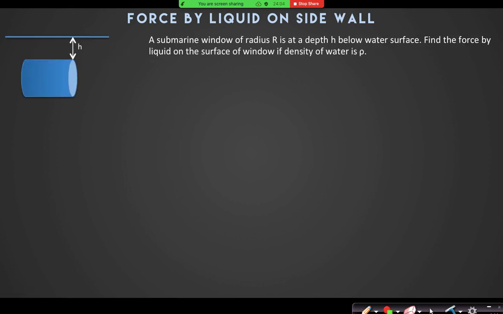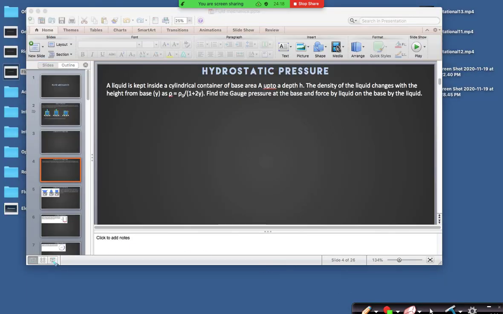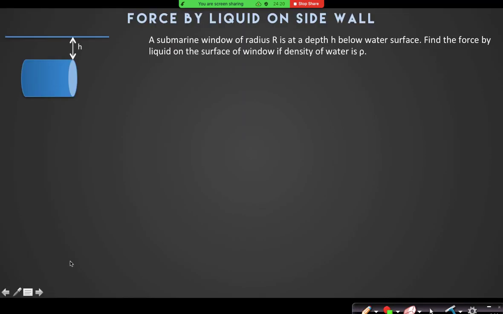In the next question, it's given that a submarine window of radius r is at depth h below the water surface. Find the force by the liquid on the surface of the window. I think that is an easy question. The window is vertical, so I will only find the horizontal force. What equation will we write for the horizontal force?